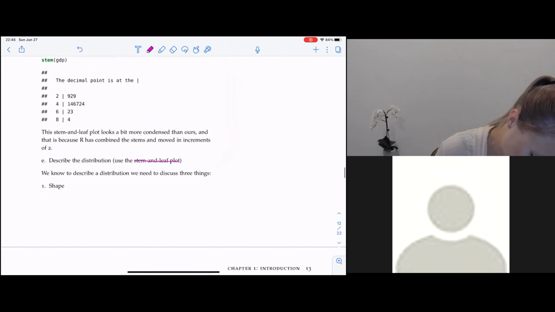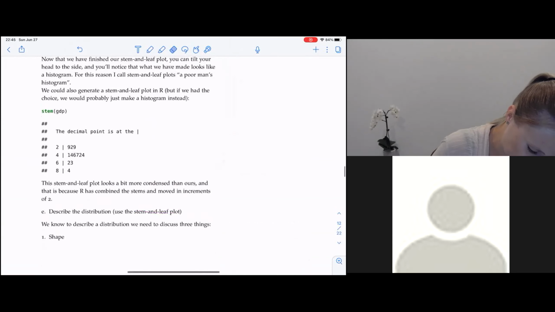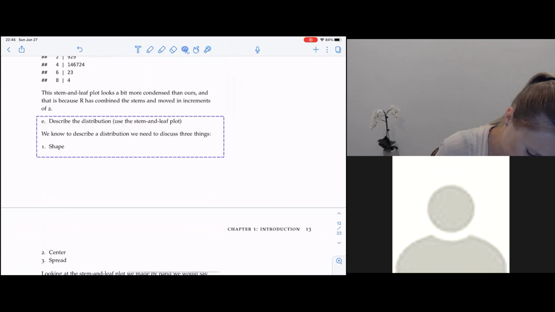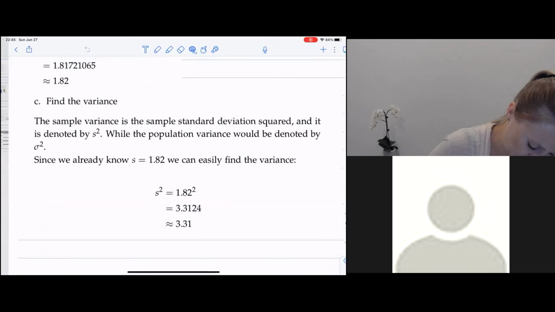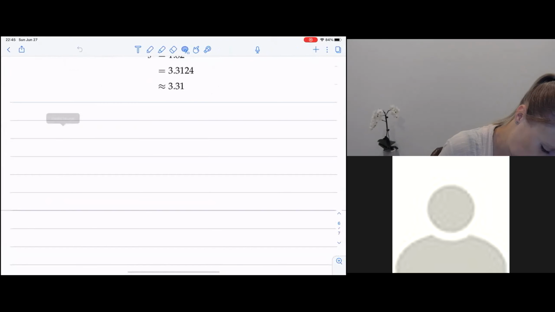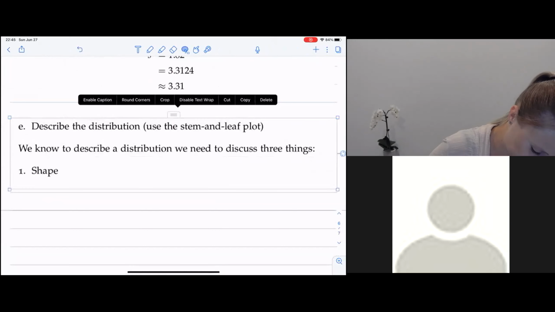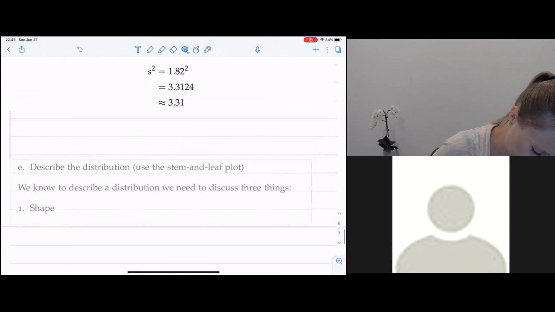Use the histogram. Oh, I did it again. I meant to grab this here. Okay.